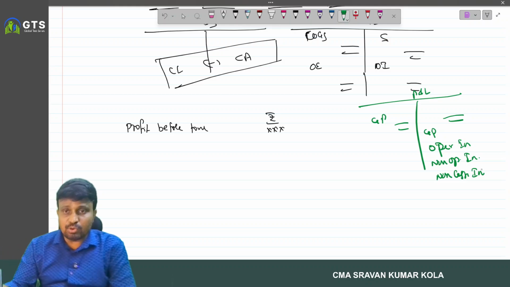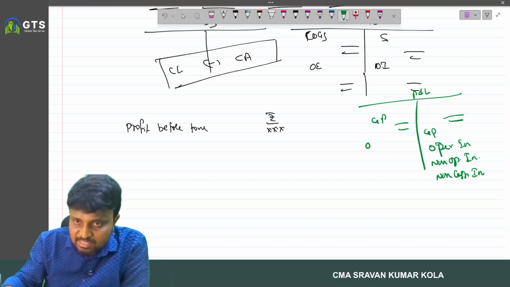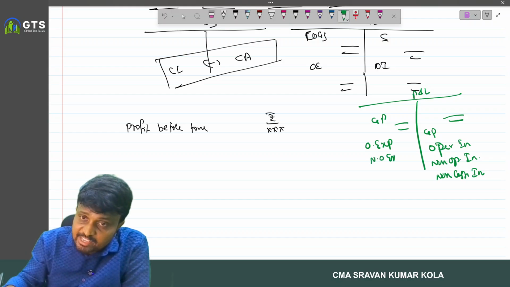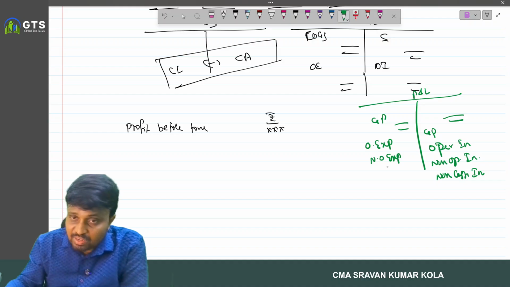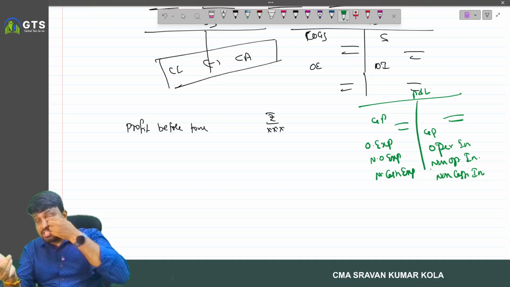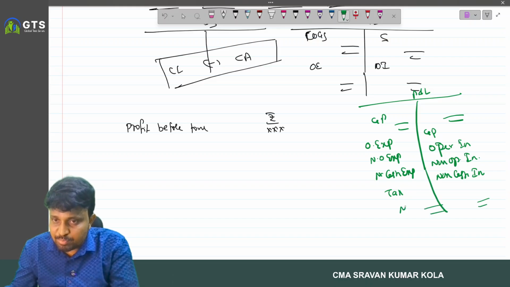On the debit side, we consider expenses like operating expenses, non-operating expenses like interest paid, and non-cash expenses like loss on sale of asset or loss on sale of investment, depreciation, amortization etc. And we consider tax paid, and this gives the net profit.